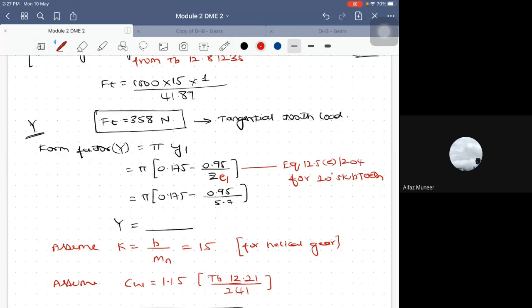What is the value of Y? Capital Y, form factor. 0.026. 0.021.